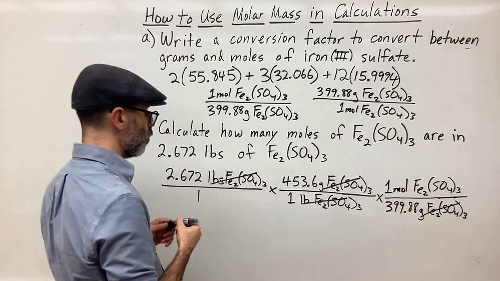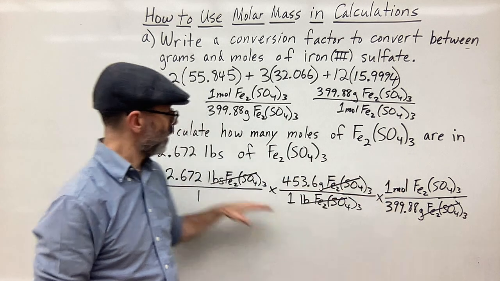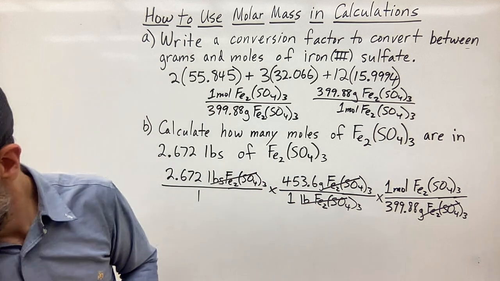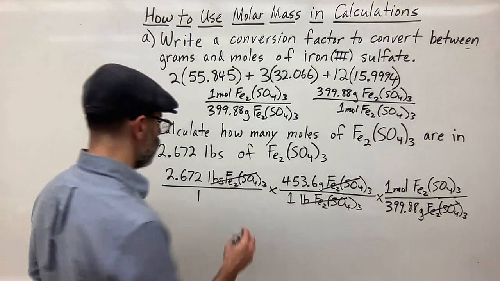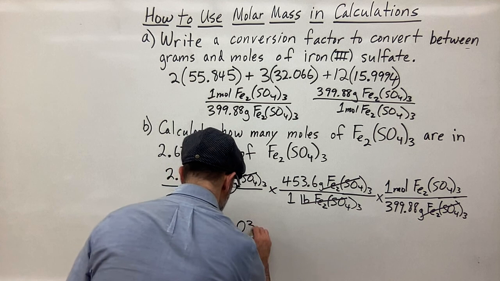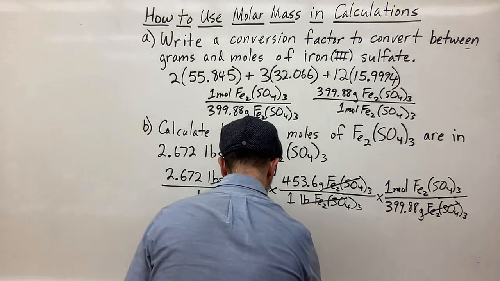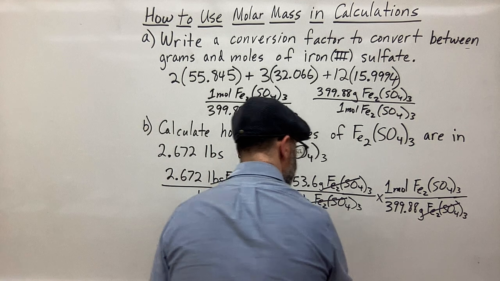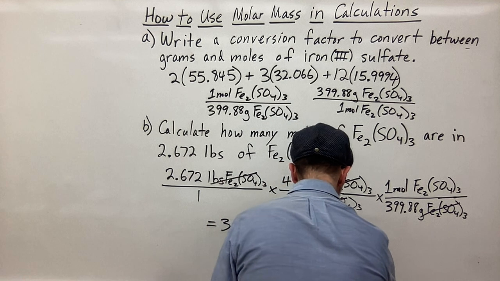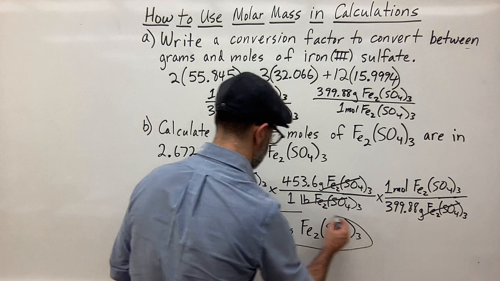Moles is what they're asking for. So now all I need to do is multiply by everything on the top, divide by everything on the bottom, and I get my answer. And the answer is 3.031 moles of Fe2(SO4)3. So that is the answer.